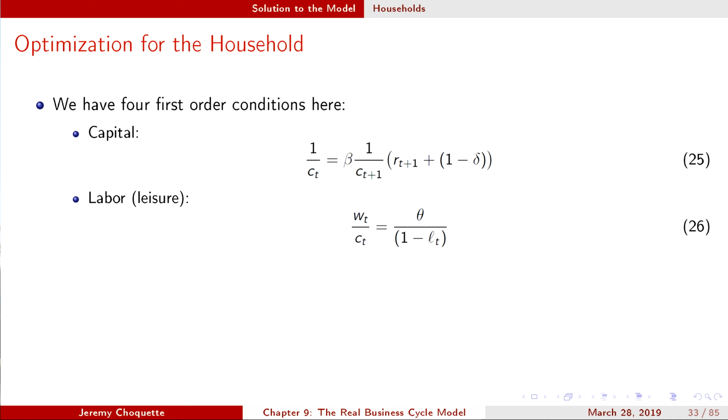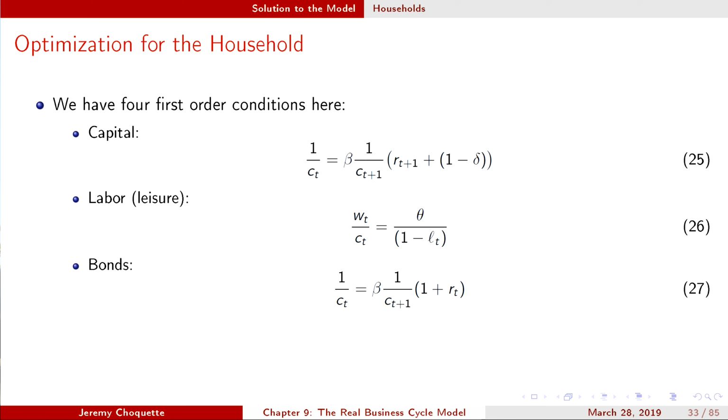So this is a labor supply equation that we're looking at. And we can tell it's a labor supply equation because it's derived from the household's first order conditions. The household determines how much labor they want to give to the firm, and that's a labor supply decision. So labor supply decisions come from the household. This is a labor supply equation.